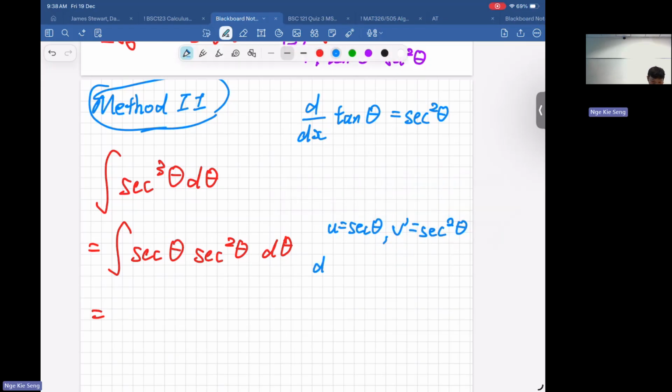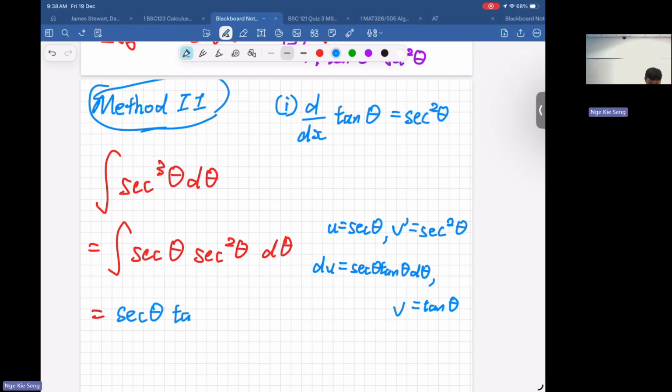Then what's the derivative of u? Secant theta, just now I think, Hisham, did you say that this is secant theta tangent theta? Okay. And then what is v prime? After integrating, we got that v is tangent theta. Okay, let's see if this works or not.